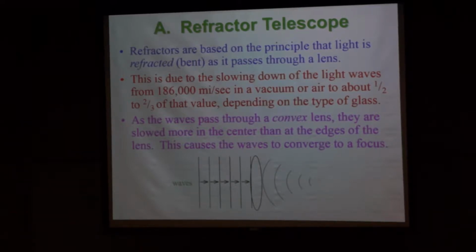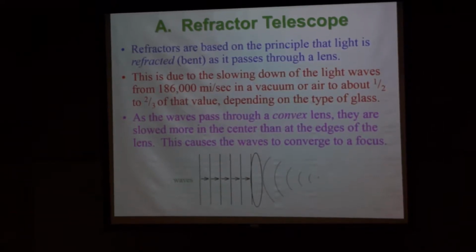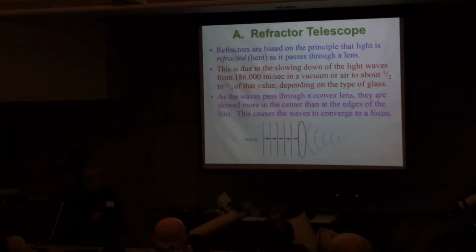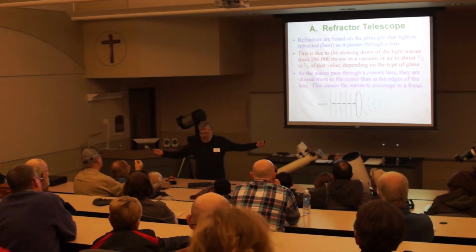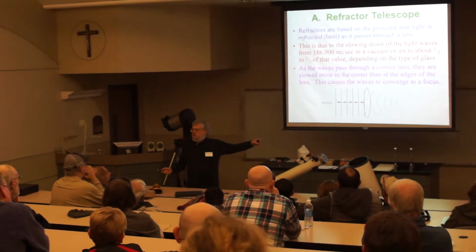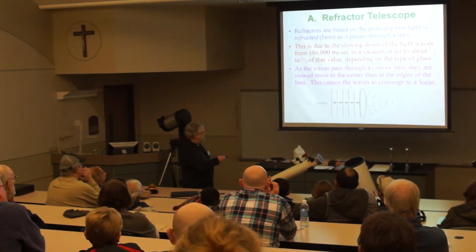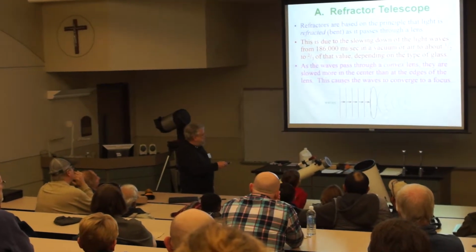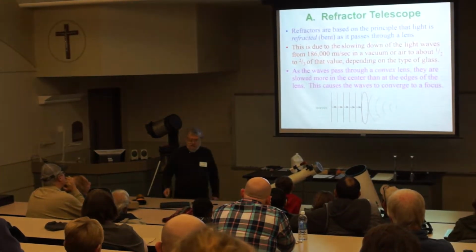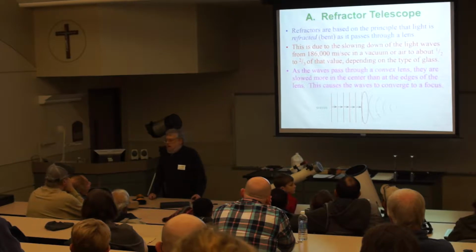An analogy I sometimes use on this is, suppose we got everybody in the front 2 rows to hold hands and start running across the soccer field out here. Well, we'd be moving in a straight line just like one of these wave fronts. Suppose we encountered an elliptical shaped or lenticular mud patch.